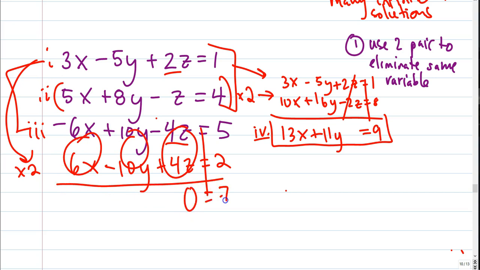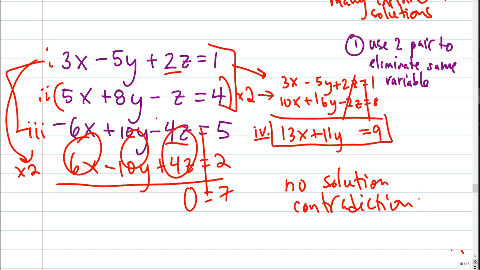I'm left with 0 equals 7. Is that a problem? Well, no. What does that mean? That means that these two, no matter what we do, are never going to be equal. So if I were to graph these 3 lines, they would not have a point in common. So this actually has no solution. Or I think the book calls this a contradiction. Basically, there is no value of x, y, and z that can make all 3 of these equations true, because these two are basically parallel. They never cross each other.